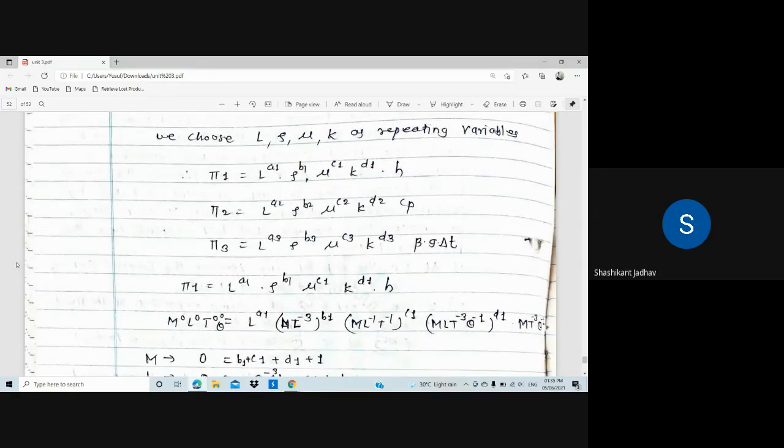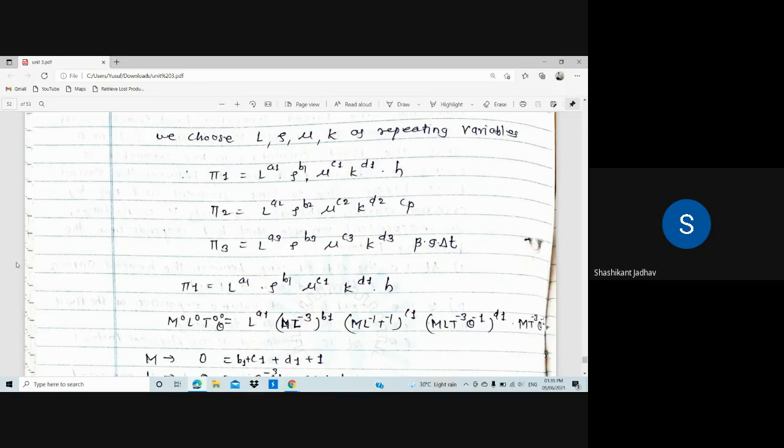So all of you write down the equation for pi 1, pi 2, pi 3. Pi 1 is equal to L raised to a1, rho raised to b1, mu raised to c1, K raised to d1 into h. Similarly, pi 2 is equal to L raised to a2, rho raised to b2, mu raised to c2, K raised to d2 into Cp.